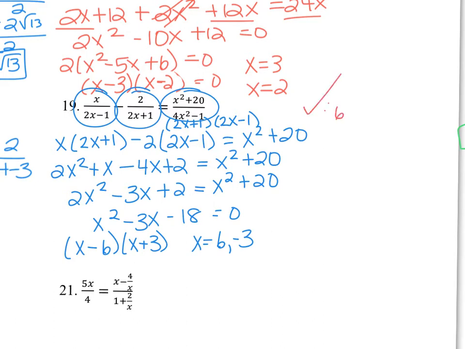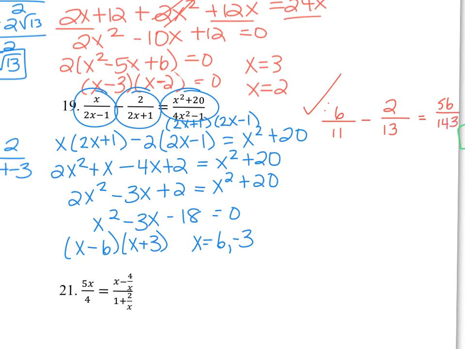So I have 6 over 2 times 6 minus 1, so that's 11, minus 2 over 2 times 6 plus 1, that's 13, equals 6 squared, which is 36 plus 20, that's 56, over x squared, which is 36, times 4, which is 144, minus 1, which is 143.